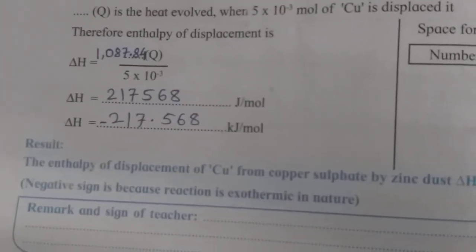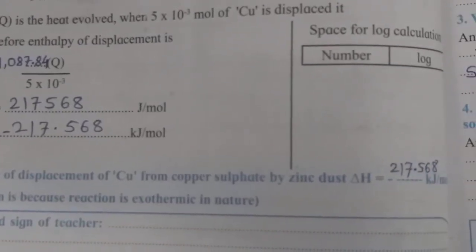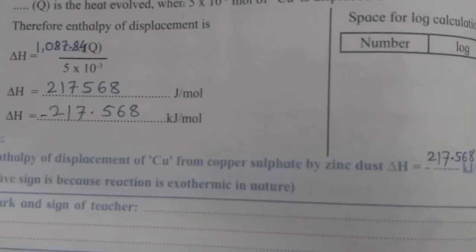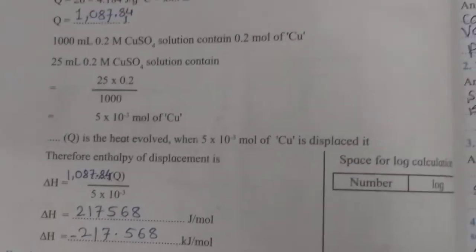Therefore the enthalpy of displacement of copper from copper sulfate solution, delta H, you can write your answer in kilojoule, and in this way this is the completion of the practical. This practical is generally in the examination for 8 marks, not 10 marks.